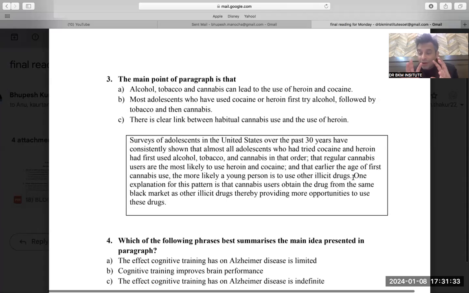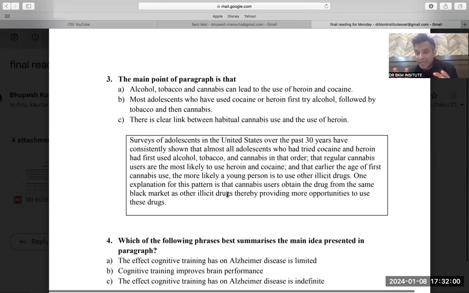That means now the reading has changed, the paragraph has changed. Now this paragraph is not about cannabis use or alcohol. The main thing is why. So the main paragraph is about why young people who use cannabis go to heroin and cocaine.